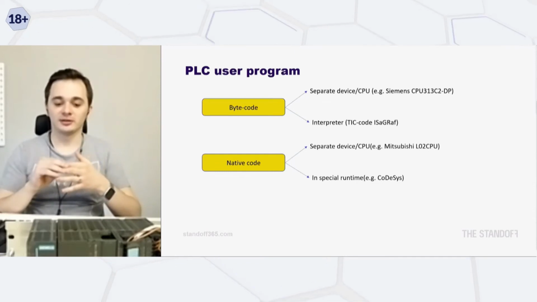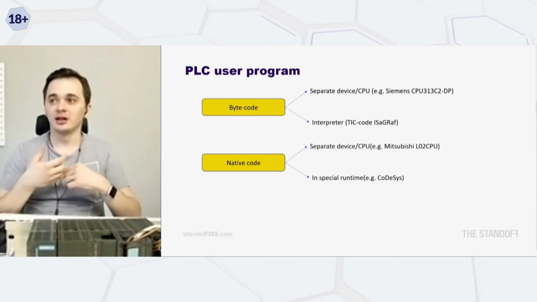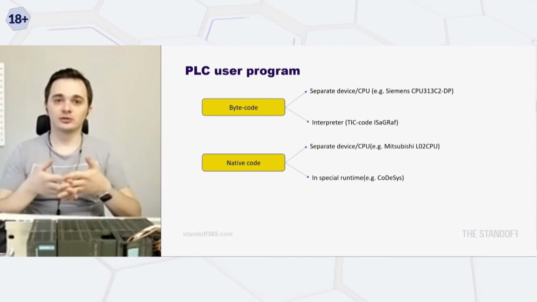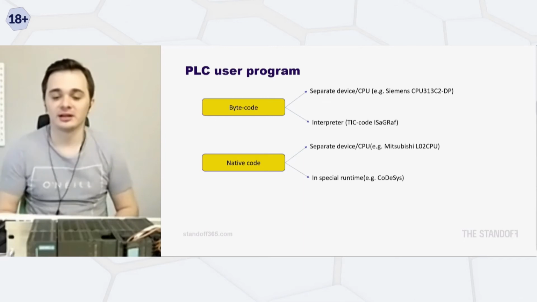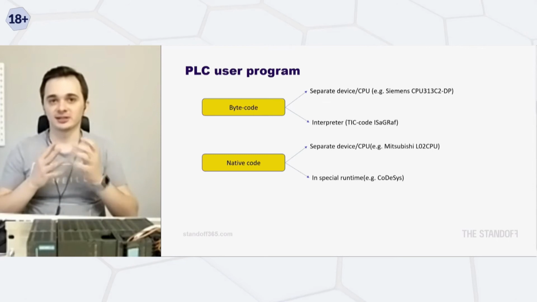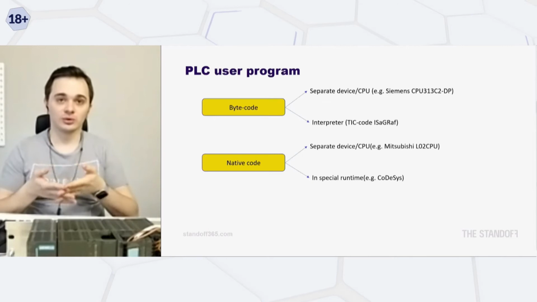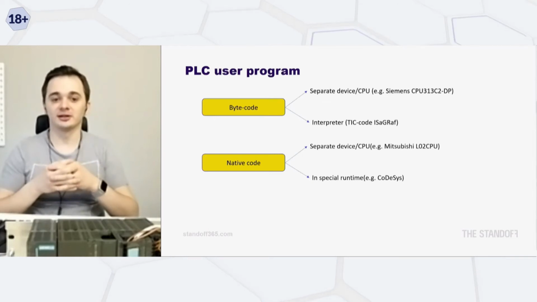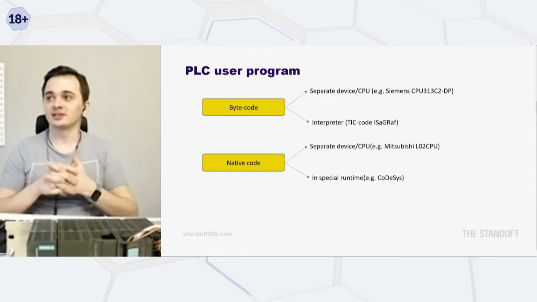The PLC program, after the compilation, can be produced in two different ways. It can be compiled into bytecode, or it can be compiled into native code. Both of these cases are quite common. When the program is compiled into bytecode, like with Java, it can be executed on a particular processor.